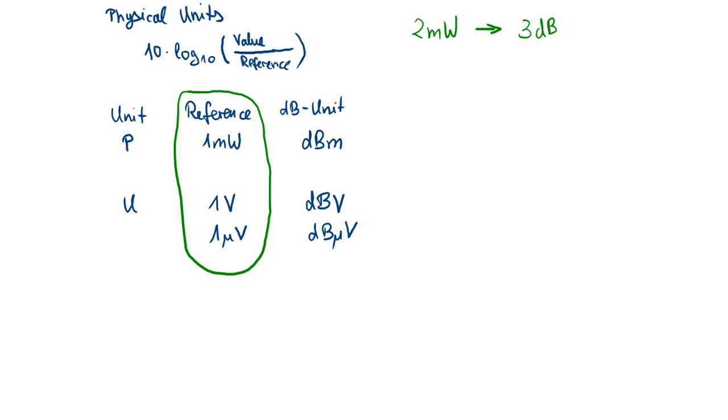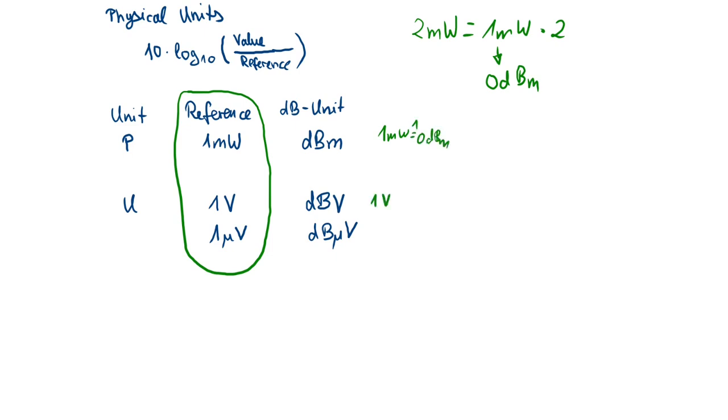To explain this, our reference is 1 milliwatt multiplied by 2, and this means in the logarithmic scale our reference is always 0 dBm, so 1 milliwatt is 0 dBm.